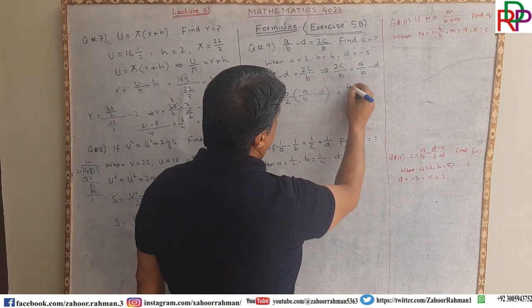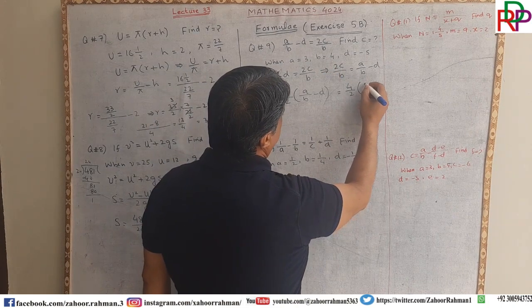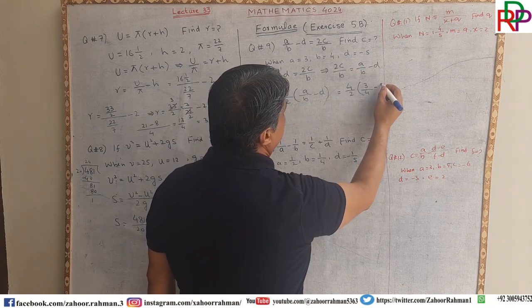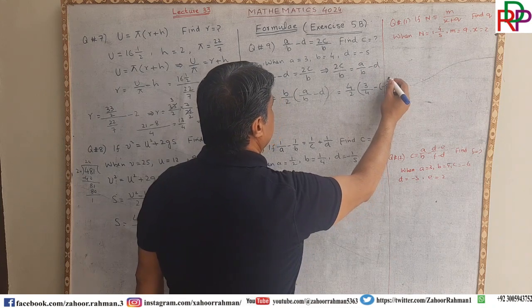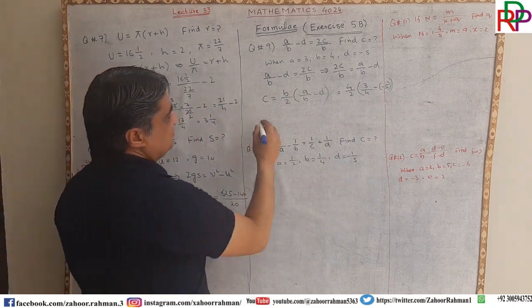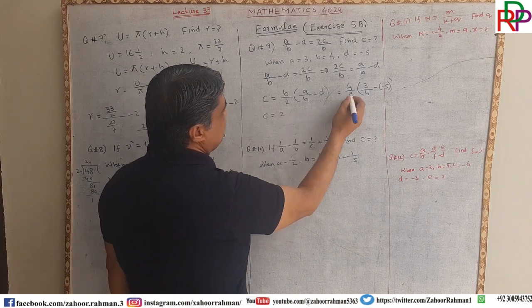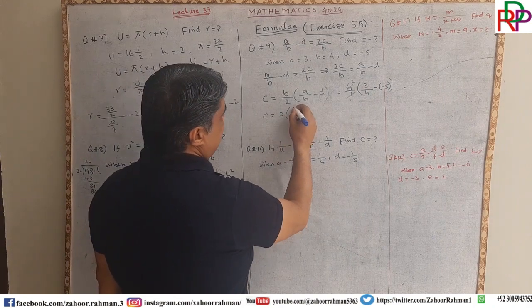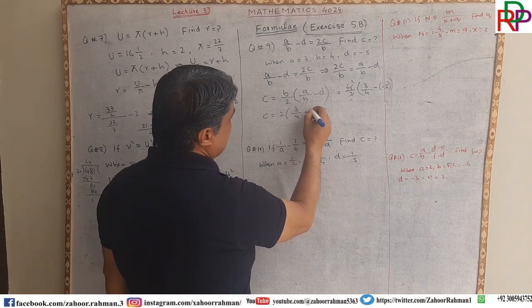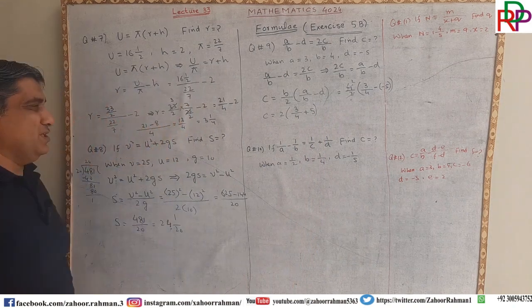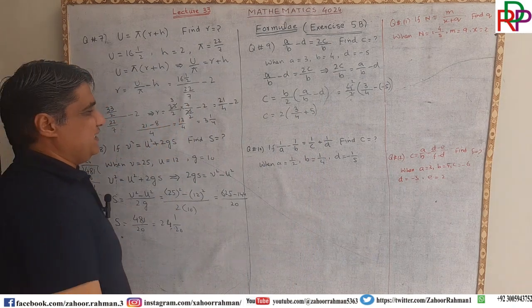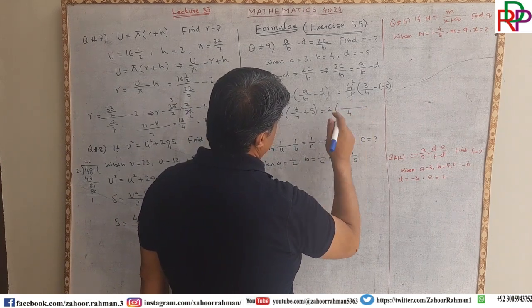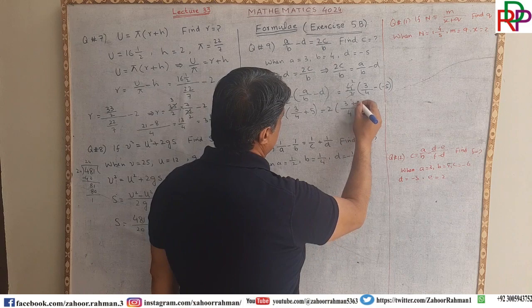So b is 4 divided by 2, a is 3 divided by 4 minus d, and that is minus 5. So here c is equal to 2, because 2 ones are 2, 2 twos are 4. And then we have to take 3 over 4 plus 5, which is equal to 2, and I am taking 4 as the LCM, so 3 plus 20.